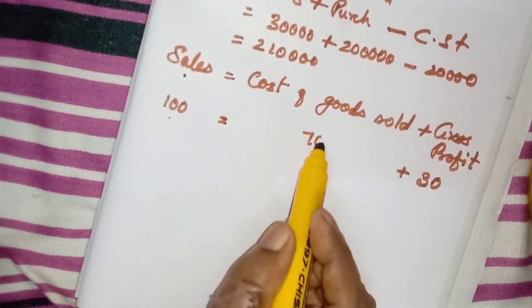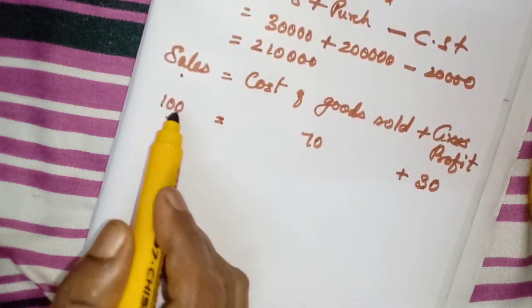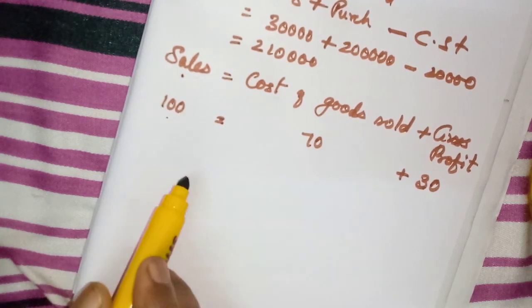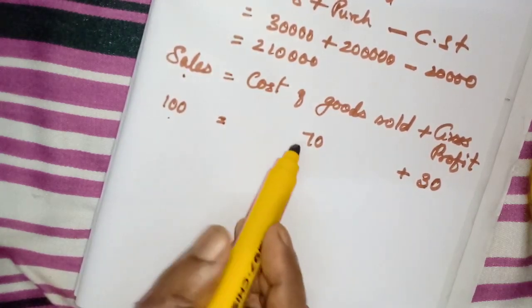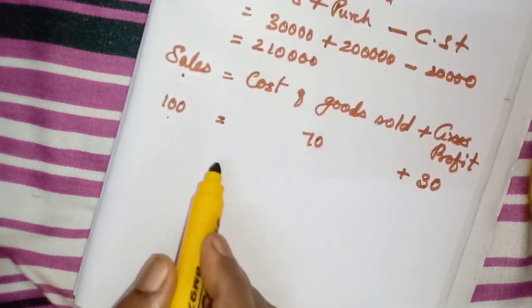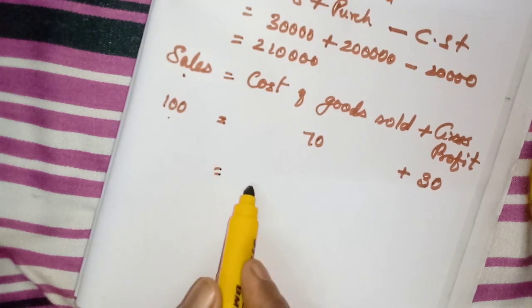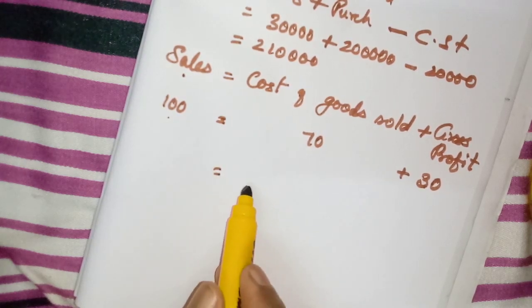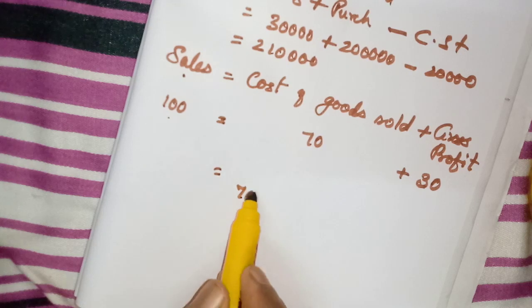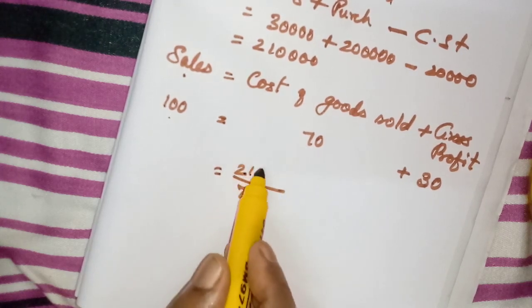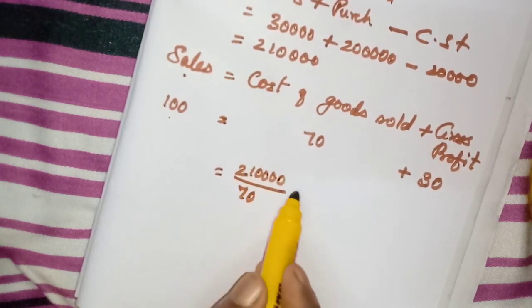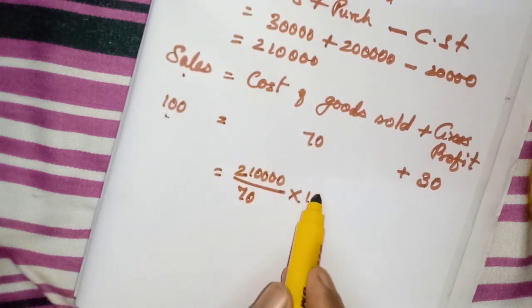So how much is this one? Only 70. Then only we will get 100, isn't it? So now this cost of goods sold we know, isn't it? So this 70 is how much? 2,10,000. Then we need to calculate the sales.